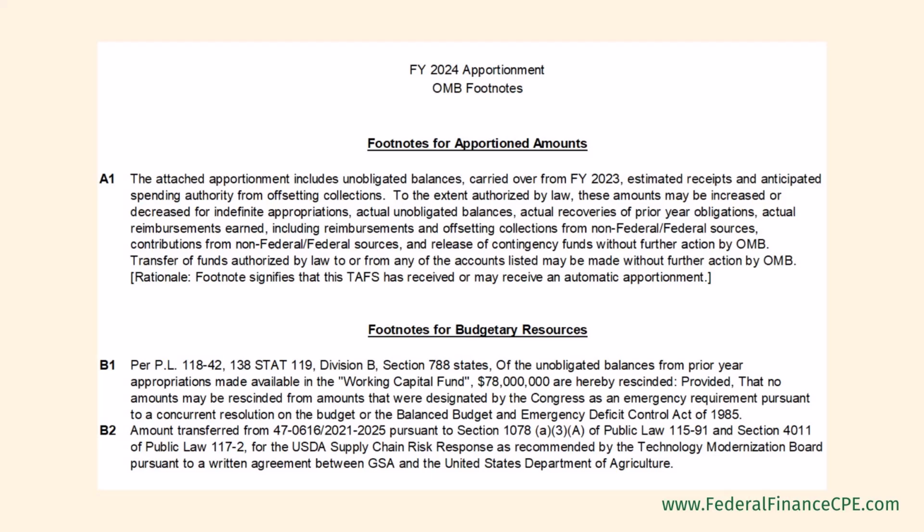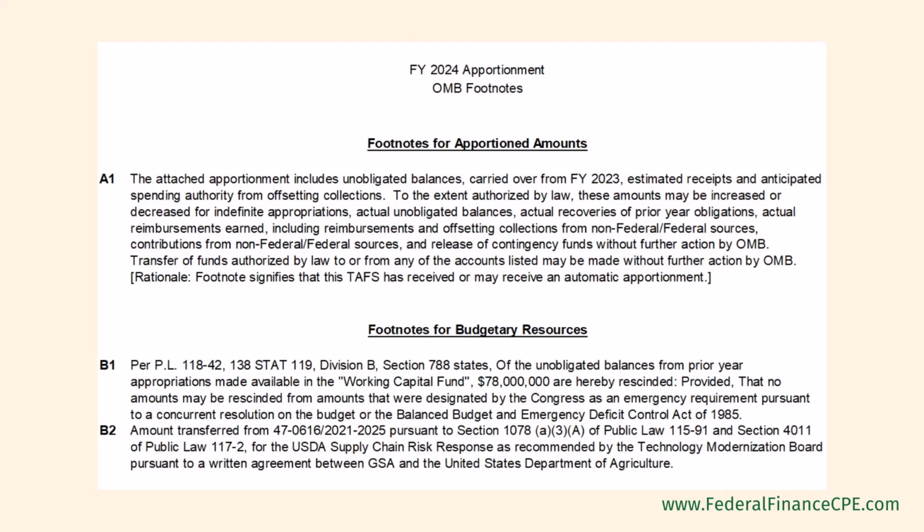Footnote B2 explains money transferred from another account with TAFs 47-0616 2021/2025, agency ID 47, main account 0616, and it was available from 2021 to 2025.